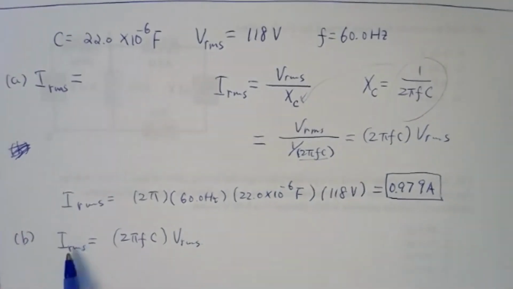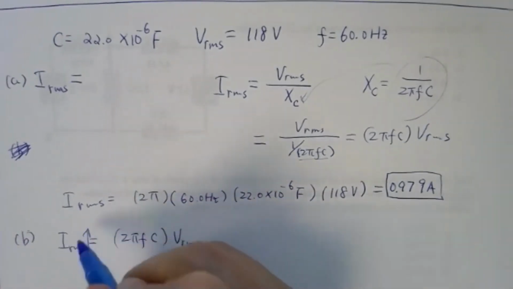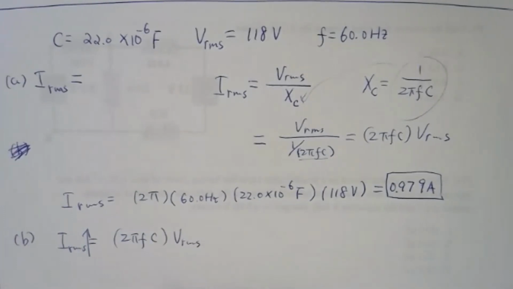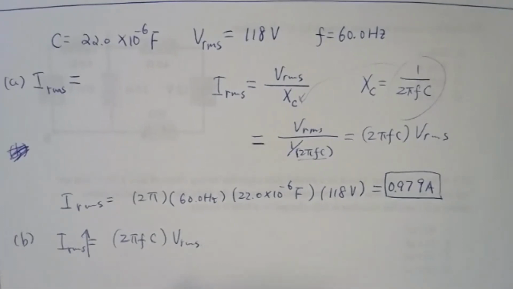So if you want to increase this guy, what should you do if you add a second capacitor to the first one? If you add the second capacitor to the first one, you can actually do a replacement of an equivalent capacitor to that, right?